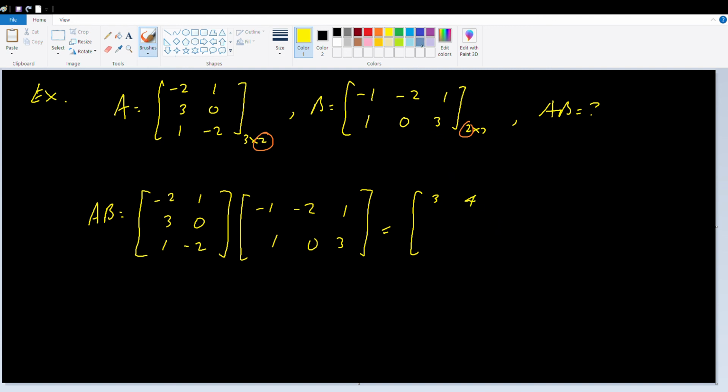Next, still on the first row, A multiplied to the third column. That will give us negative 2 times 1 plus 1 times 3. Negative 2 plus 3 gives us positive 1.